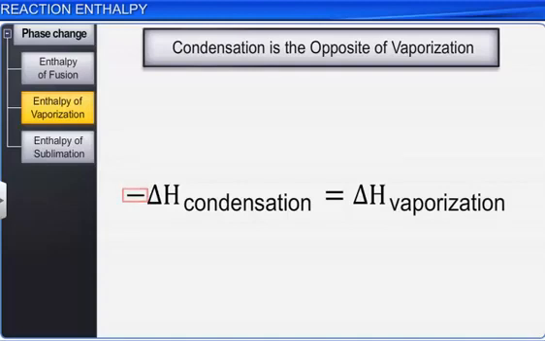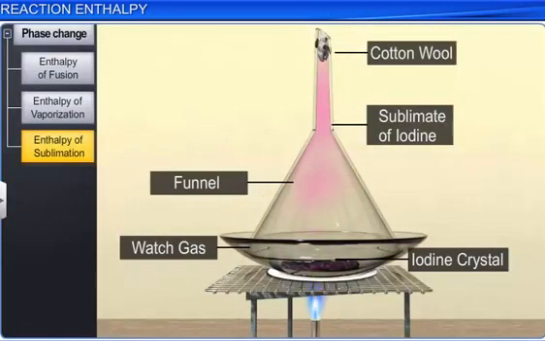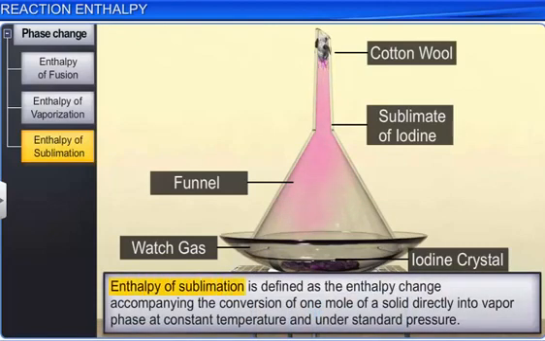Now, let's look at the enthalpy of sublimation. Sublimation is a process in which a solid changes directly into vapor state without any intermediate liquid state. Enthalpy of sublimation is defined as the enthalpy change accompanying the conversion of 1 mole of a solid directly into vapor phase at constant temperature and under standard pressure.